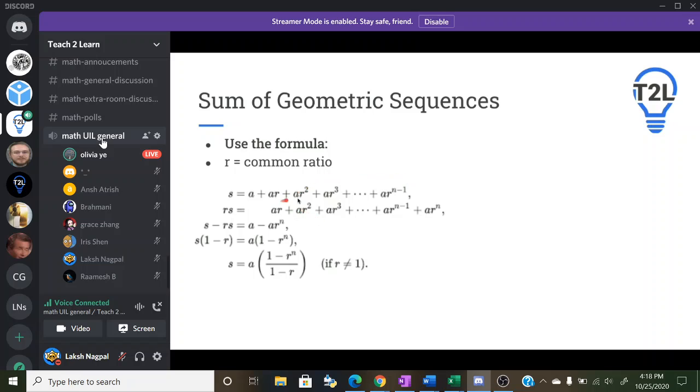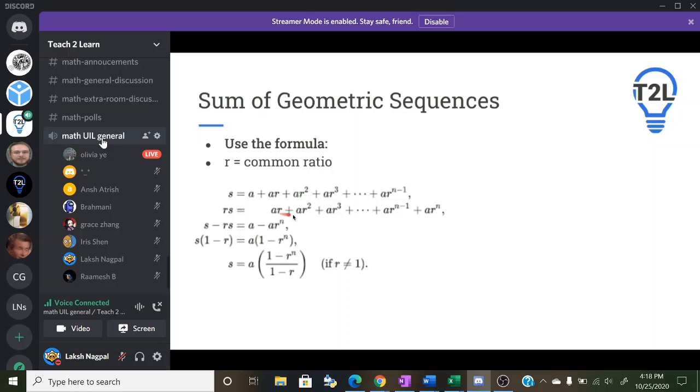So if you want an easy way to find the sum of the sequence without having to add up the terms individually, we can use a little bit of algebra to resequence it and find the formula. If we multiply everything by r, you multiply a by r, ar by r, and it shifts the whole sequence over by 1.